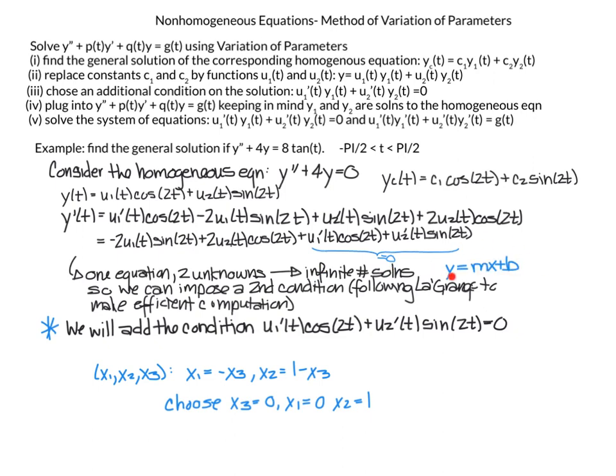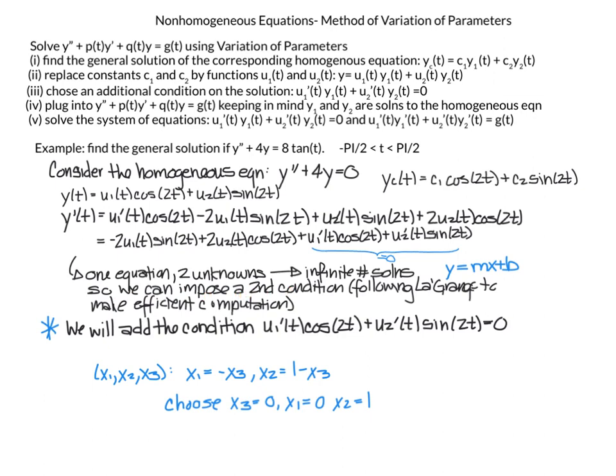Similar to linear algebra, or if you just look at the equation of a line, y equals mx plus b, if you have two unknowns, y and x, and only one equation, you can choose an infinite number of values for x and then get a corresponding value for y. Similarly here, you have one equation, two unknowns. It isn't linear, but it's still one equation, two unknowns, so you have an infinite number of solutions.